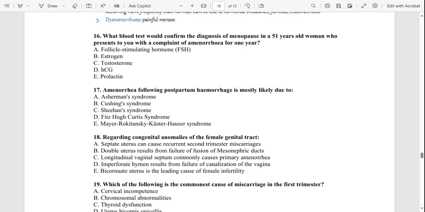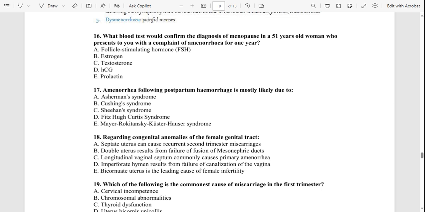Yeah, Sheehan's. So if someone bleeds too much, because of that bleeding a lot, there's going to be a decrease in blood supply to the pituitary gland. Yeah.